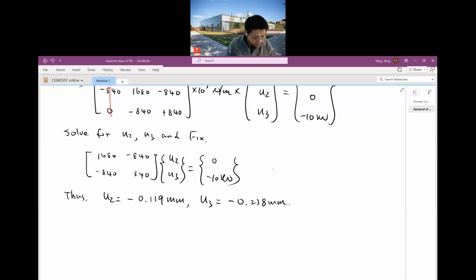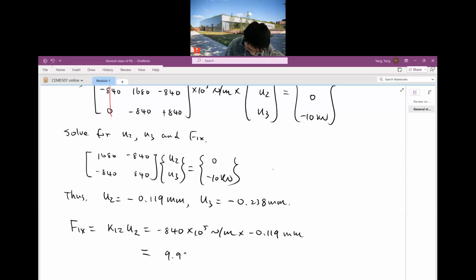So if U2 and U3 are known to us, then F1x can be solved. Equal to K12 times U2, and that's equal to times minus 0.119 millimeters. So that's equal to 9.996 kilonewton.